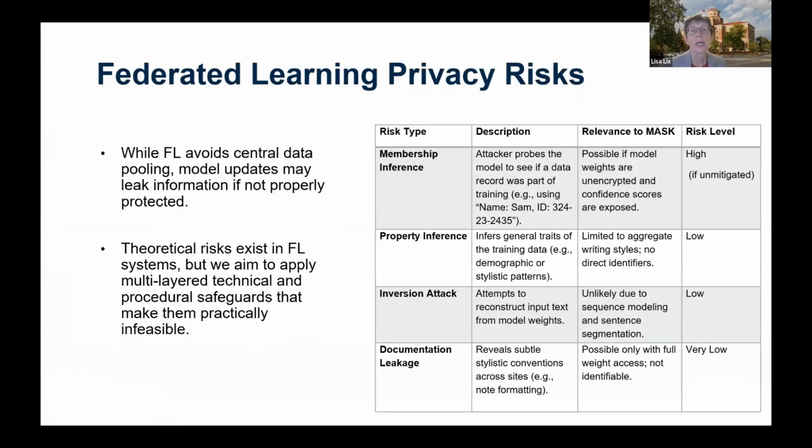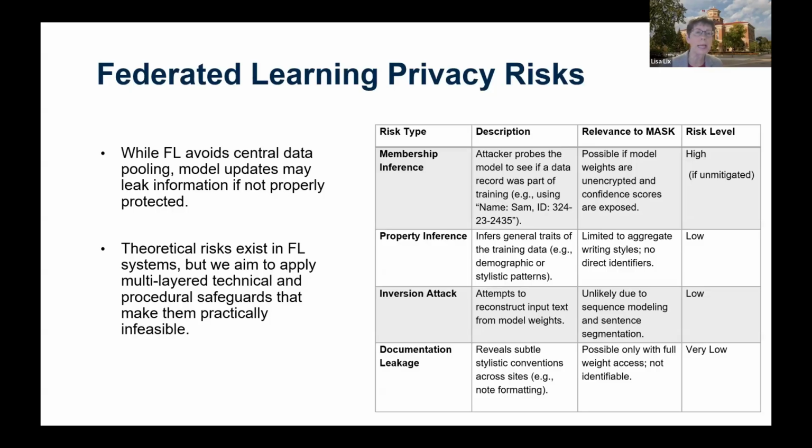And so some of the privacy risks are identified here in terms of taking the model weights and being able to reconstruct, for example, the input text. If there's any documentation leakage, how do we deal with that? And again, part of how we deal with that is not working with the entire documents themselves, but with these shorter pieces of text. And that's been one way, and just documenting all of the different potential theoretical risks that would exist in a federated learning system.